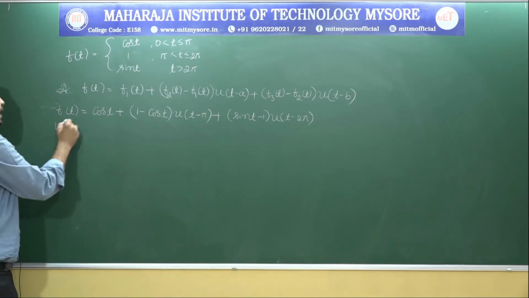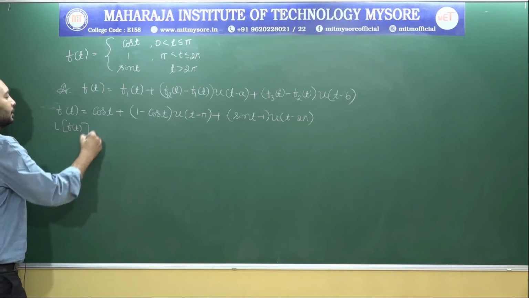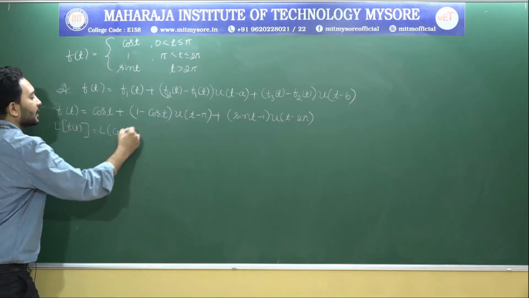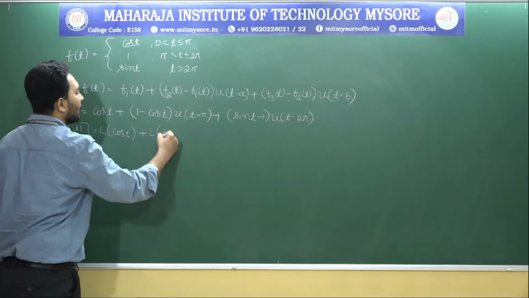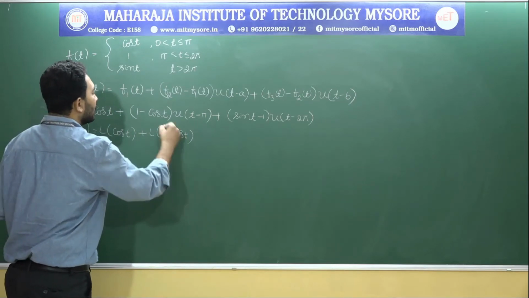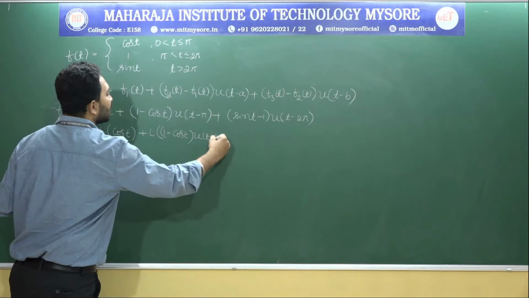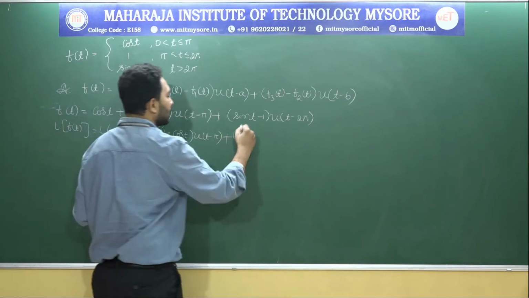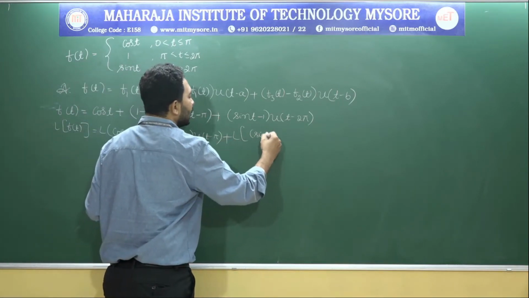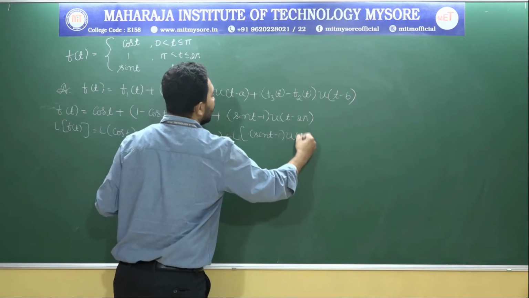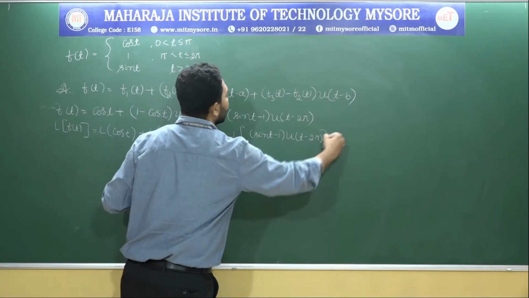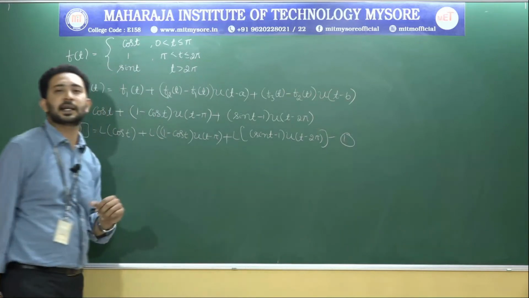So Laplace of f of t is Laplace of cos t plus Laplace of 1 minus cos t into u into t minus pi plus Laplace of sin t minus 1 into u into t minus 2 pi. I will take this as equation 1.